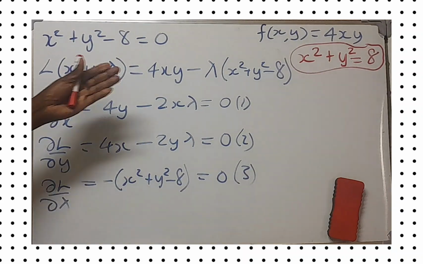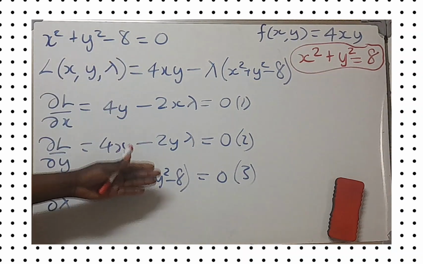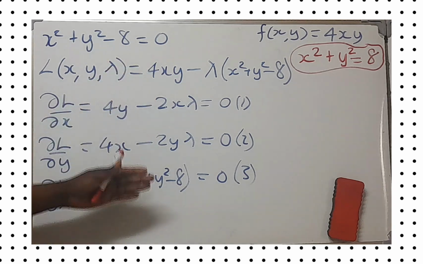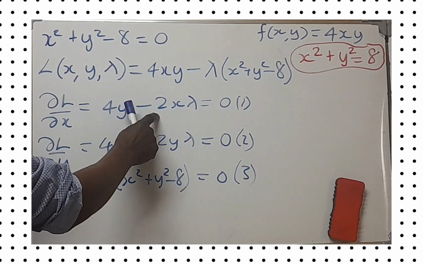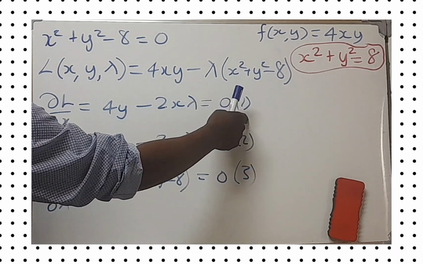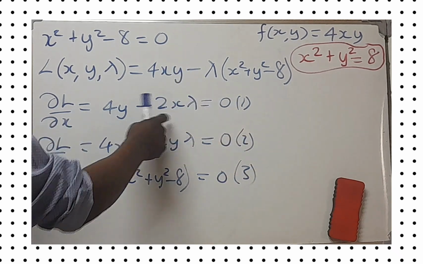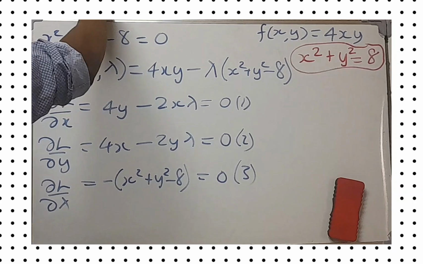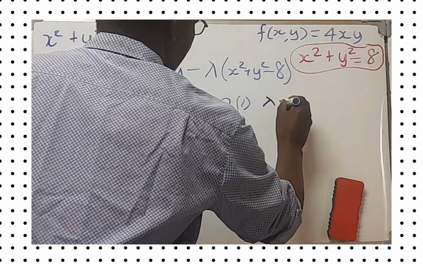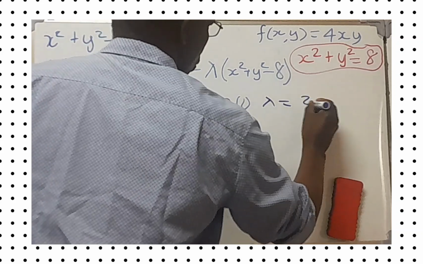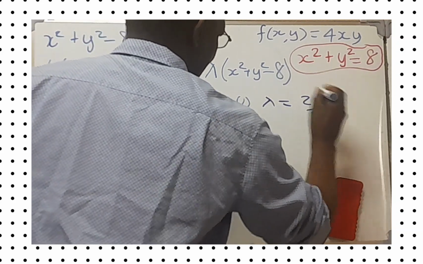Now these are simultaneous equations, and we want to find the values of x and y that satisfy all these things. If you look at equation number 1, we can take this 2x lambda to the other side, divide both sides by 2x, and we end up with lambda is equal to 2y over x.